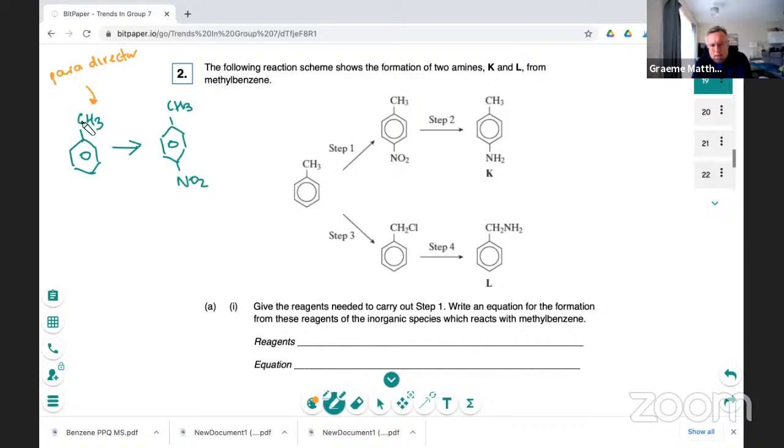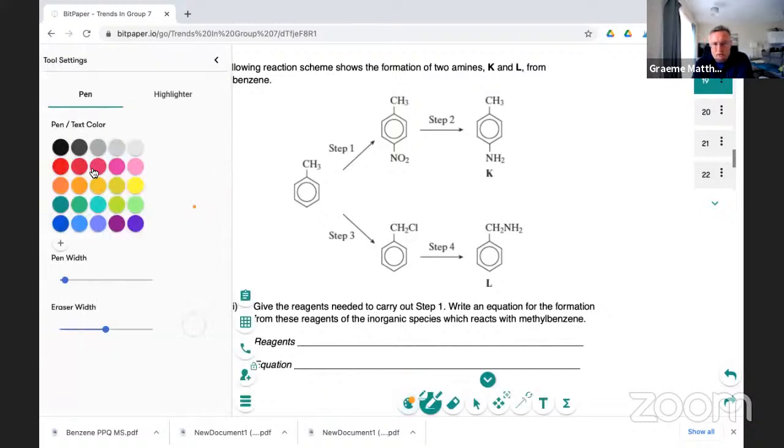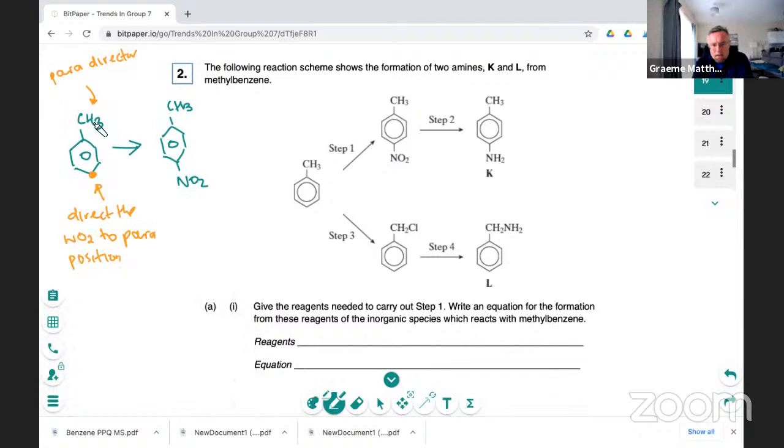But anyway, methyl is going to direct the NO2, the nitro group, to the para position, like this. So now you're thinking, okay, methyl, para director, this is why the NO2 is over here.